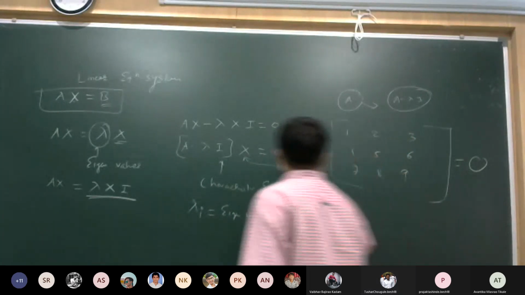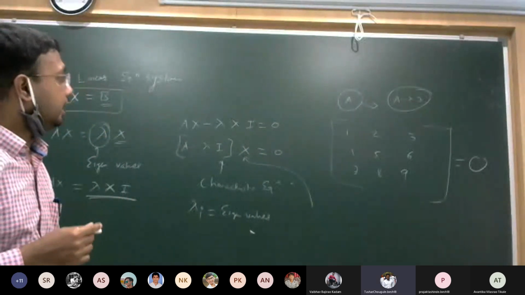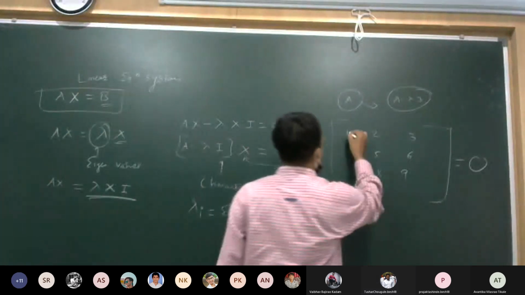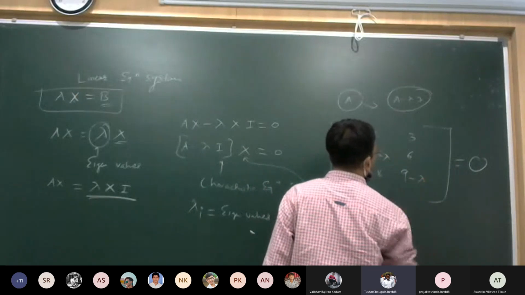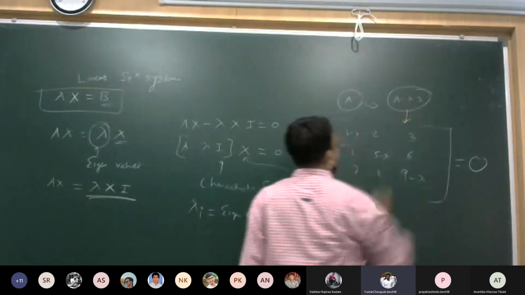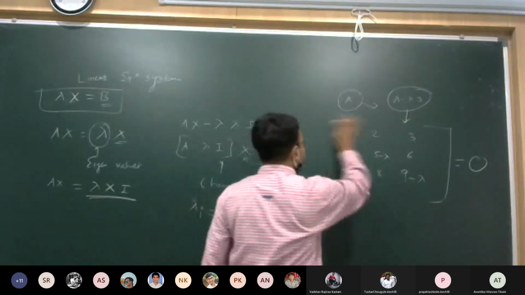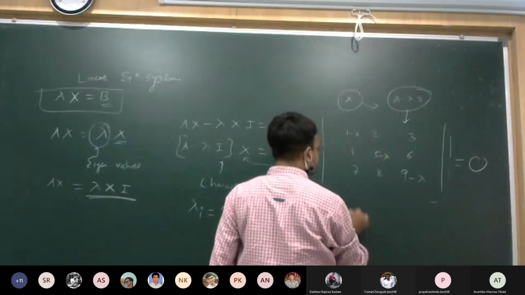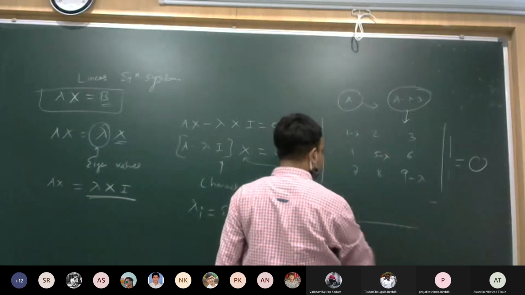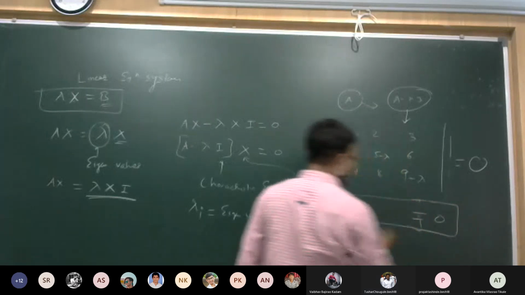So this is the A matrix, and we need to find the eigenvalues for the corresponding A. Then A minus lambda, 5 minus lambda, 9 minus lambda, that would be this, and we have to equate it to 0. This gives an equation containing lambda that is equal to 0, and we have to solve that.